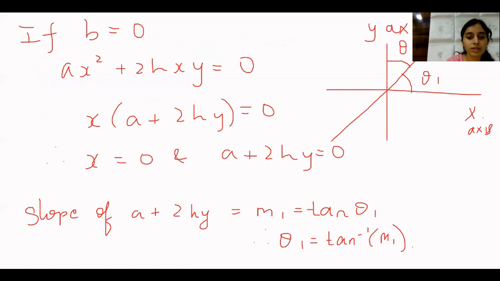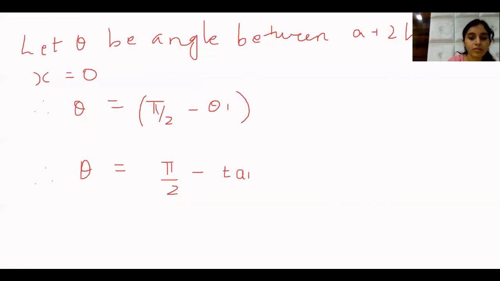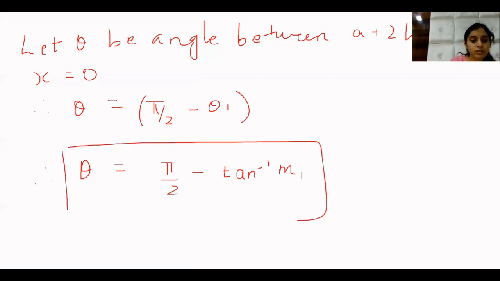Tan inverse of m1. Okay, so this is what we will use if we have b equal to 0 to find the angle between the two lines, that is the y-axis and the other line that is passing through the origin. This is the first case.